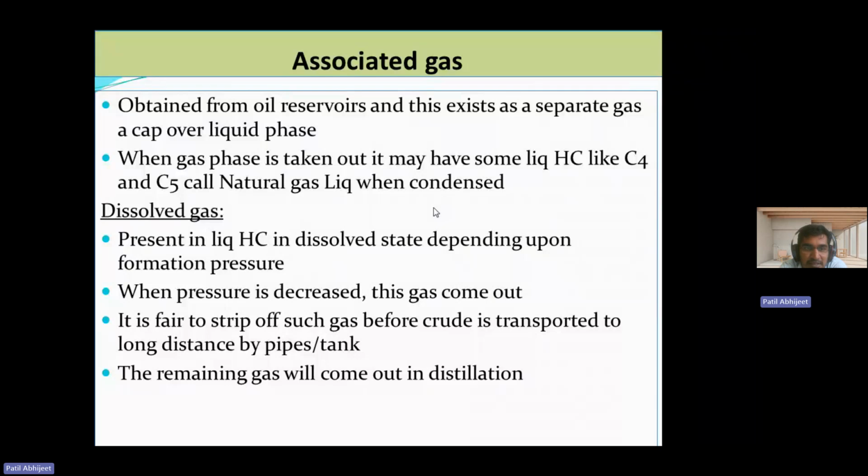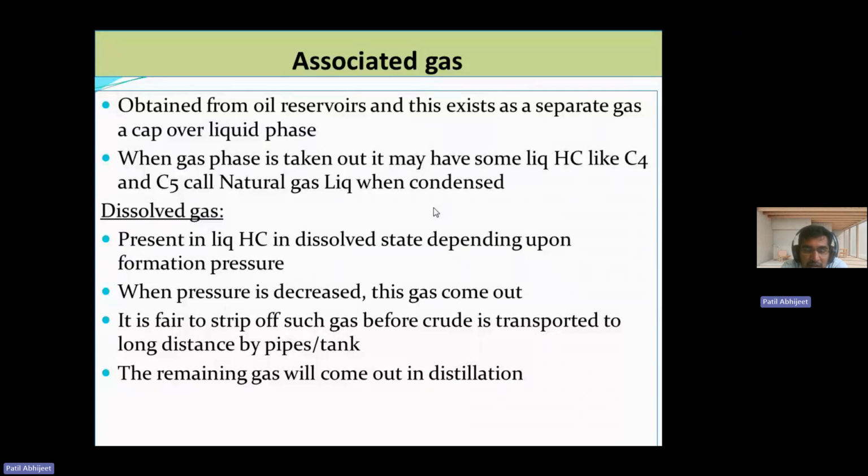Now the next type of gas we have is dissolved gas, the third type. This dissolved gas is actually present in liquid hydrocarbon in a dissolved manner. This dissolved state is formed when there is formation pressure above the liquid hydrocarbons.